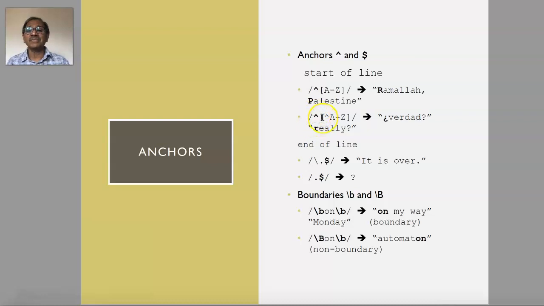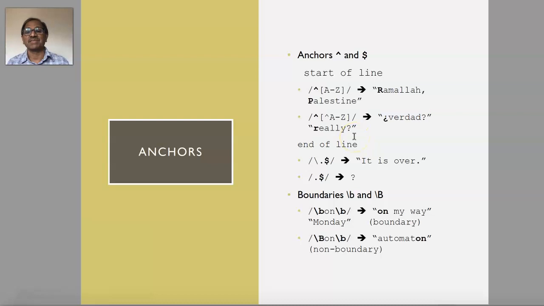Right? Or if I say caret and in brackets caret A to Z, that means not alphabet, not capital letters, but start of the line. So it matches with something like this, which can be anything, not capital letters, right?